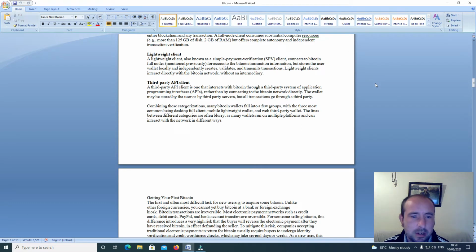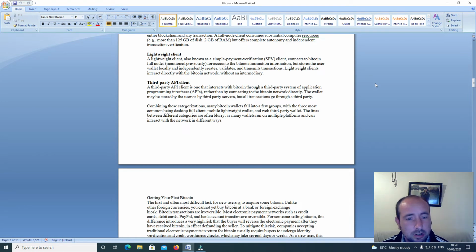Third-party API. A third-party API is one that interacts with Bitcoin through a third-party system of application programming interfaces (APIs) rather than by connecting to the Bitcoin network directly. The wallet may be stored by the user or by third-party servers, but all transactions go through a third party.